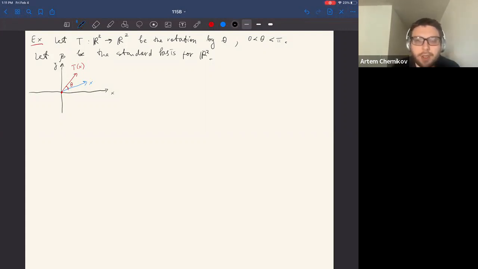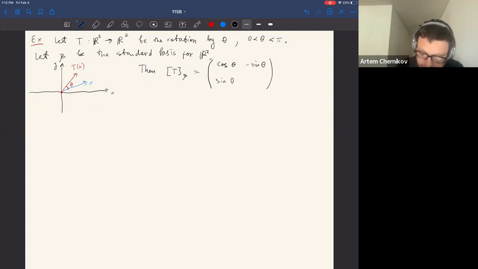So we can write out a matrix for the rotation operator. With respect to the standard basis, the matrix representing T with respect to beta is given by the standard formula for rotation: the matrix consisting of cosine theta, minus sine theta, sine theta, and cosine theta.